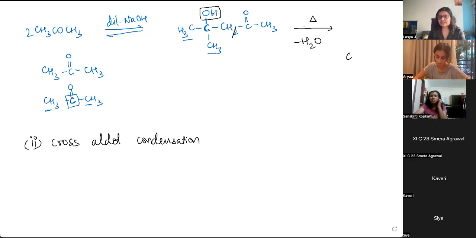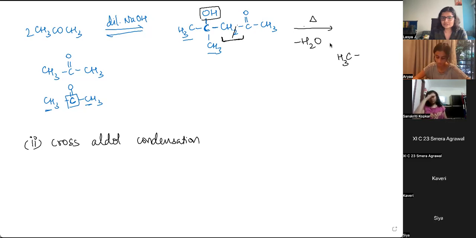Like always, hydrogen is lost from the adjacent carbon, right? There you apply Saytzeff's rule. So whichever carbon atom has a lesser number of hydrogens, hydrogen is always lost from that particular carbon. Always happens to be this carbon that is right between the OH and the C double bond O. Okay, so that's CH3.